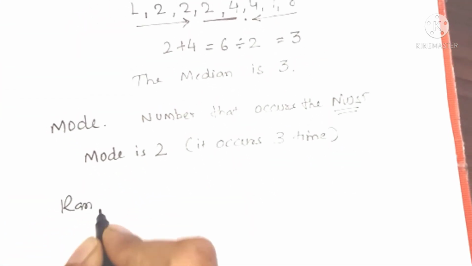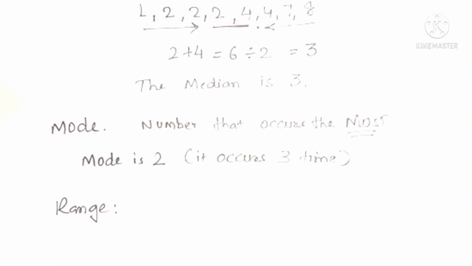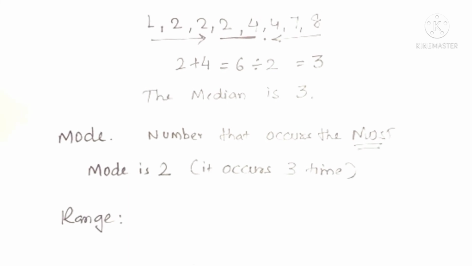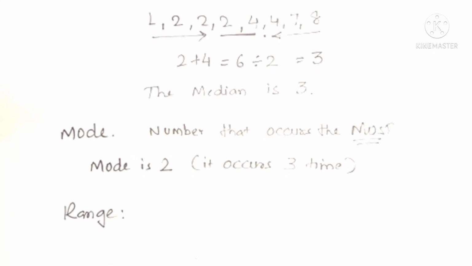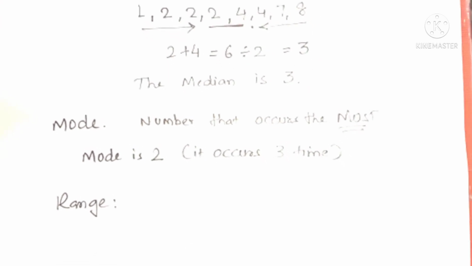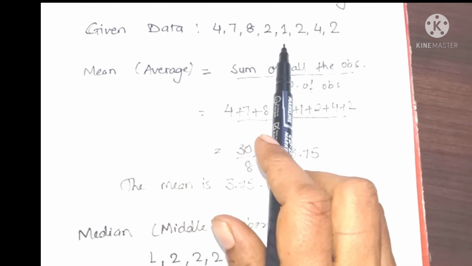Now let us find out the range. Range is the difference, or the subtraction, between the highest and the smallest number. Here we see that the highest value is 8 and the least value is 1.